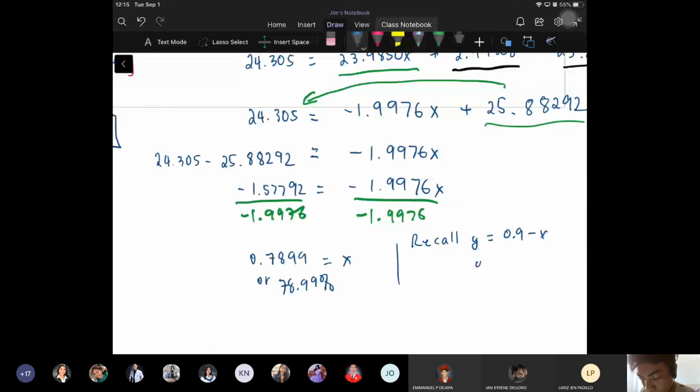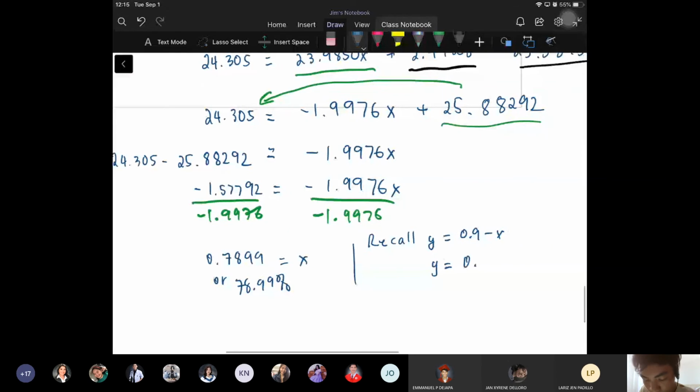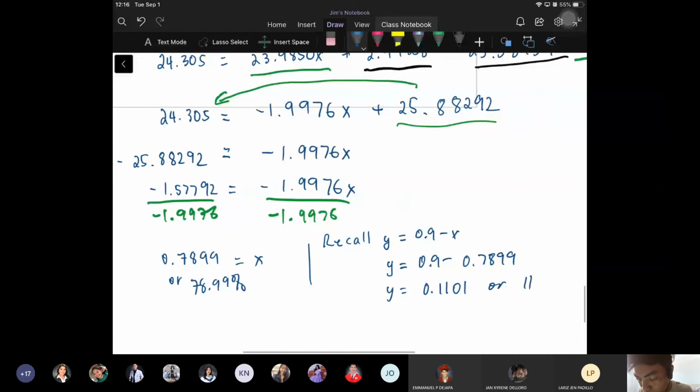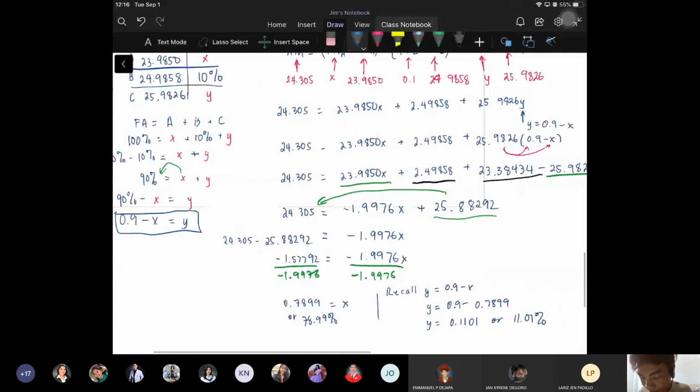So y is equal to 0.9 minus 0.7899, which is 0.1101, or 11.01%. And now I have all the fractional abundances that I need.